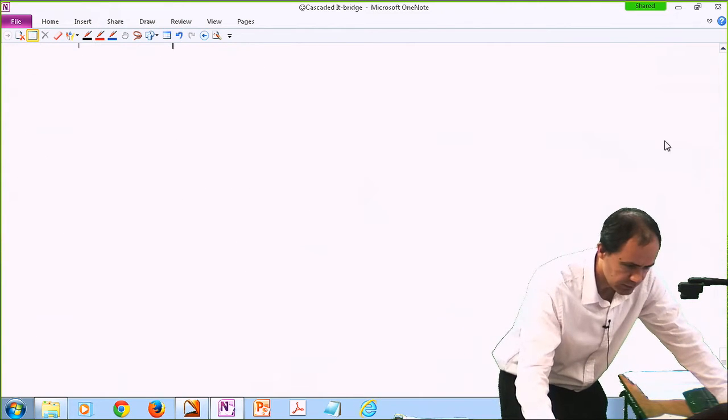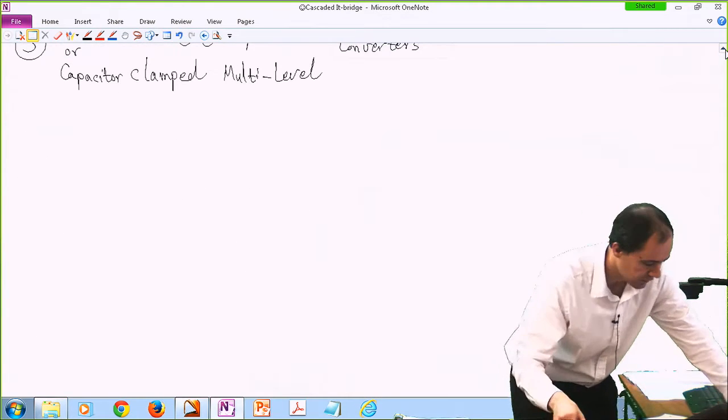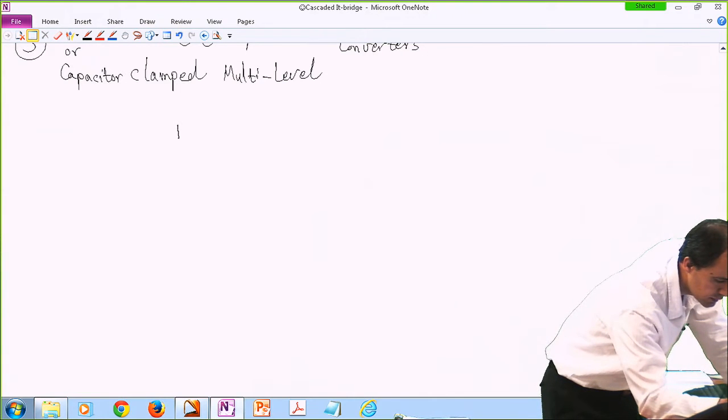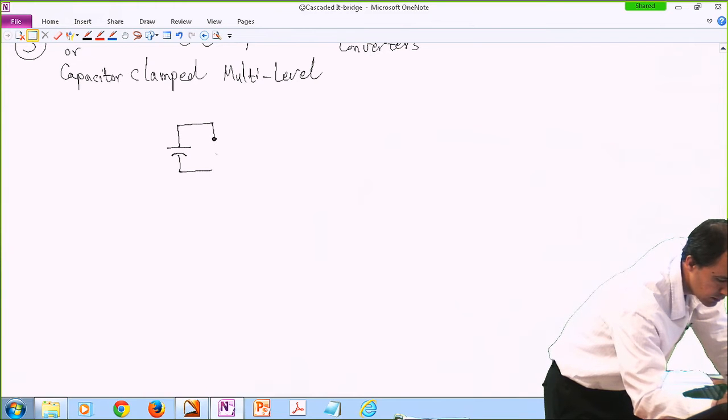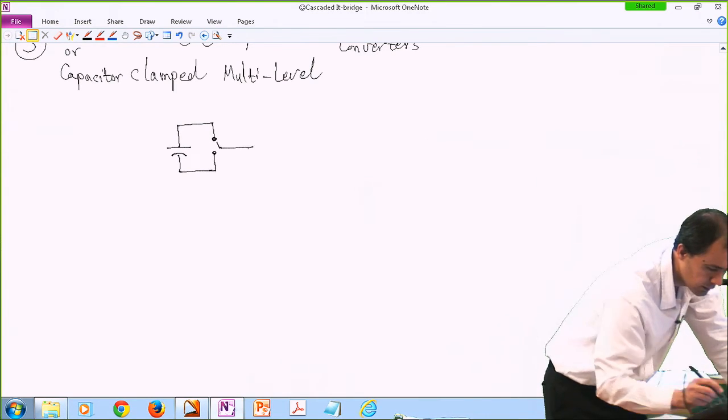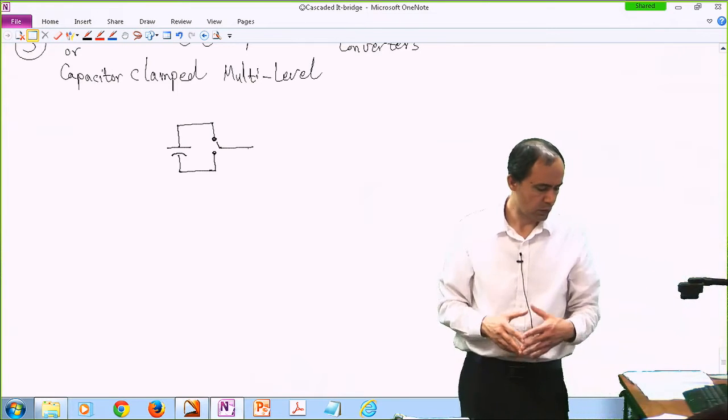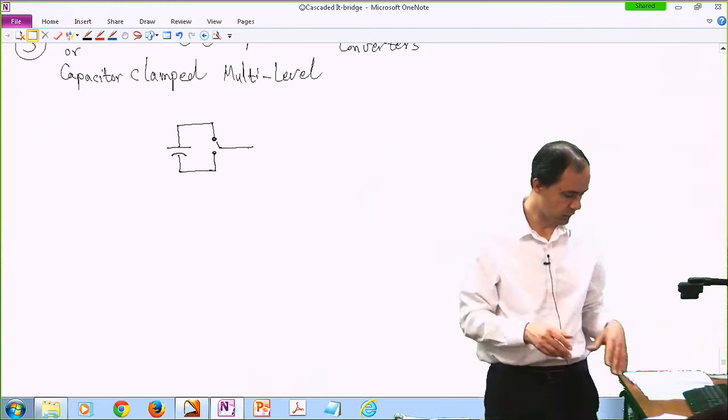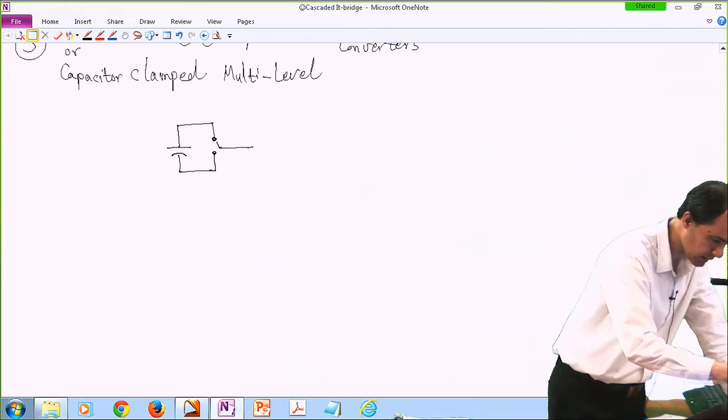Let's just start with the very basic block that we are very familiar with, which is a capacitor feeding a, okay, we do not necessarily have to start with a capacitor.